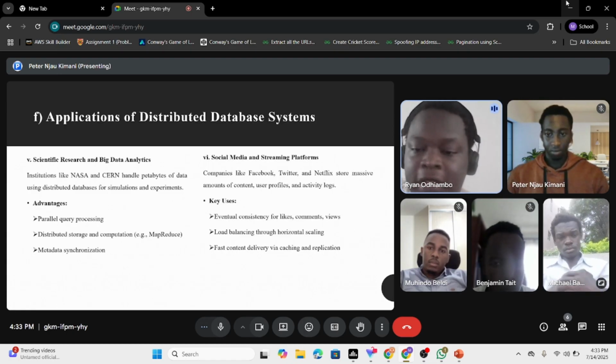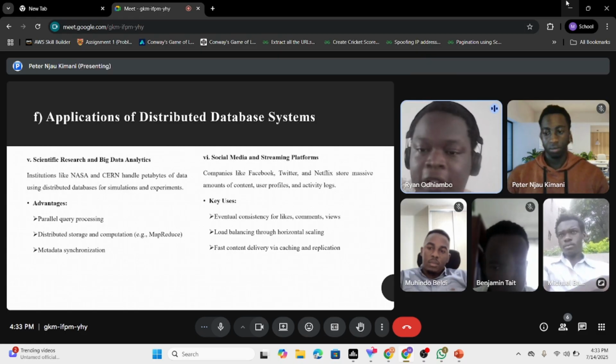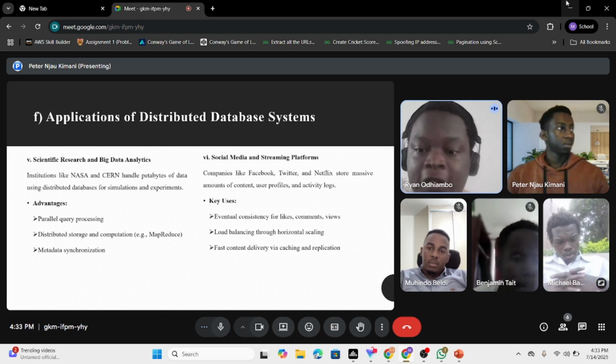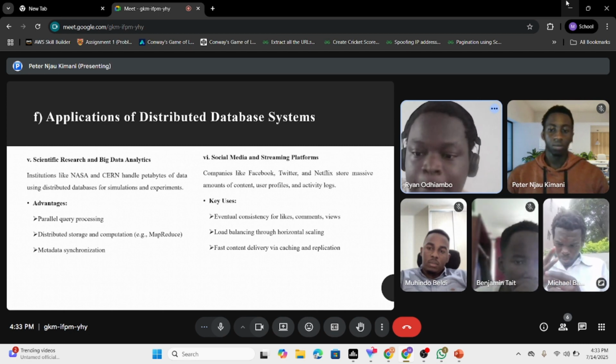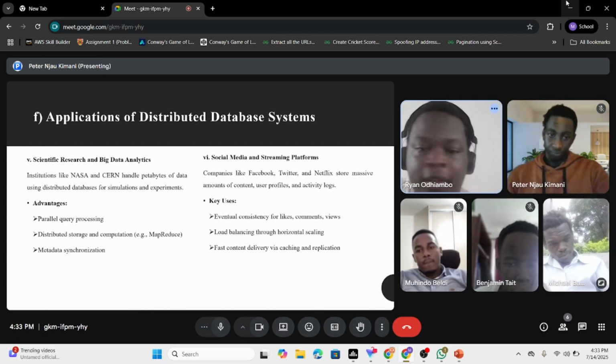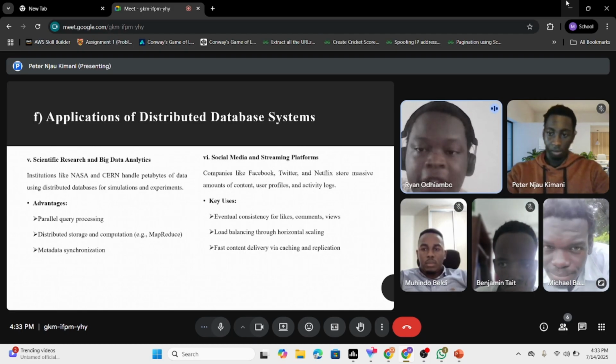Thirdly, we have localization, in which users are served through the nearest servers to their locations. Fourthly, we have fault tolerance, which enables recovery from crashes without data loss. And lastly, we have high performance, in which queries can be run in parallel across various nodes.